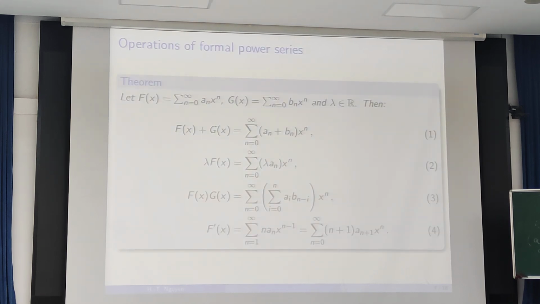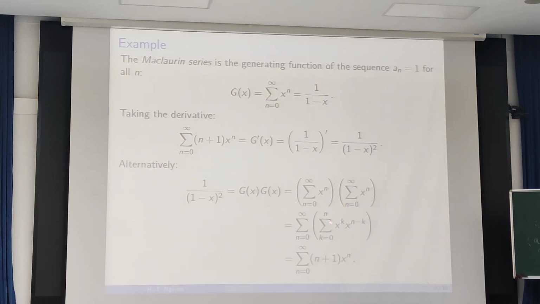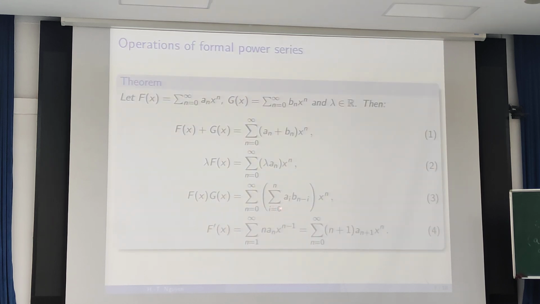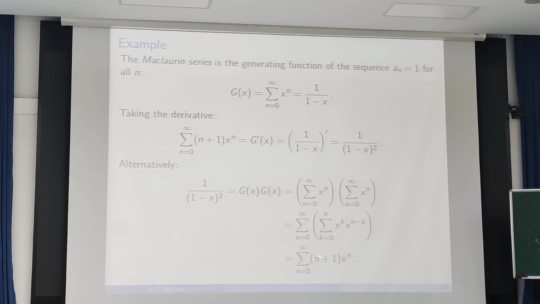But here it is rather simple because every a_i and b_i are 1. So in fact, this sum here is simply equal to the number of terms, because every term is equal to 1. Okay? So here we simply count the number of terms. Since it is a sum where the index goes from 0 to n, we know that there are n plus 1 terms in this, and each term is equal to 1, so we get n plus 1. Okay?